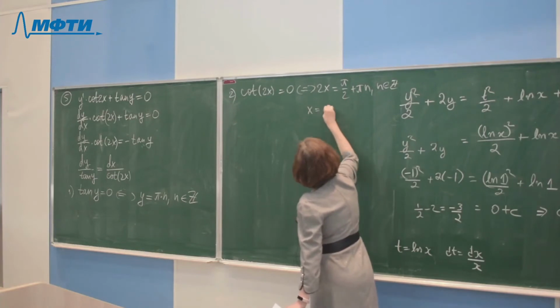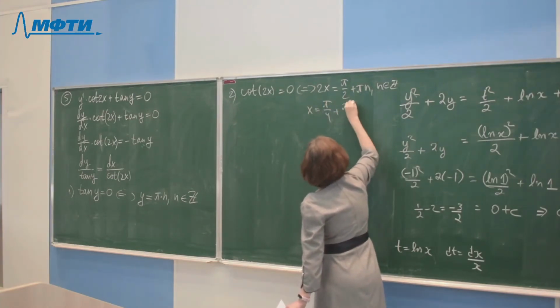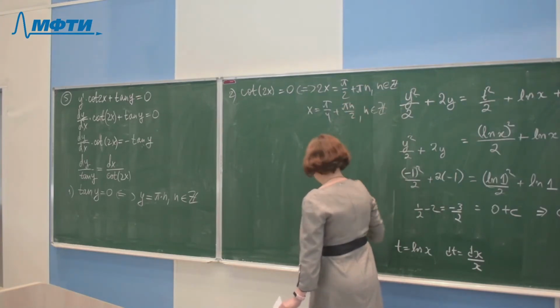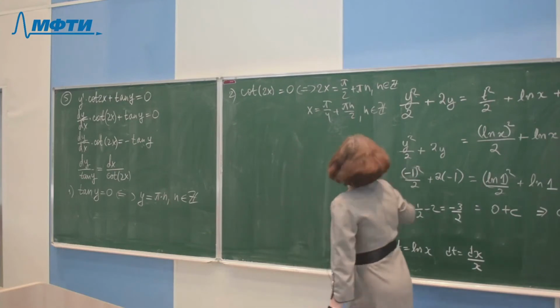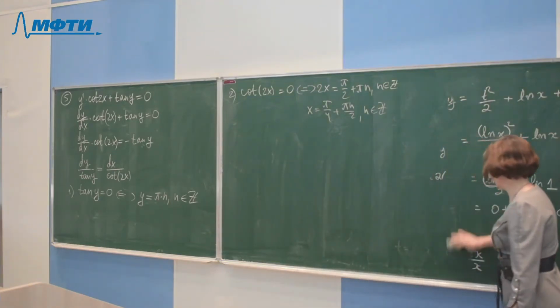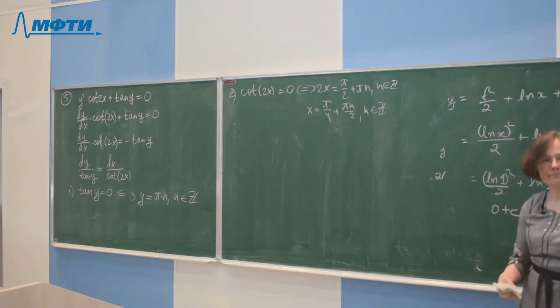So this means that x is equal to pi fourth plus pi n half. But is it a solution of our differential equation? Is this a solution? What is your opinion?